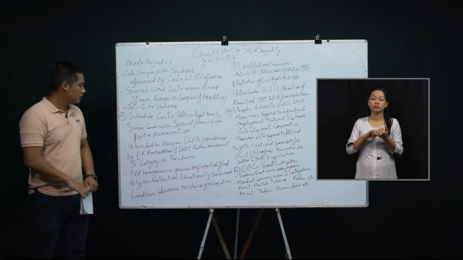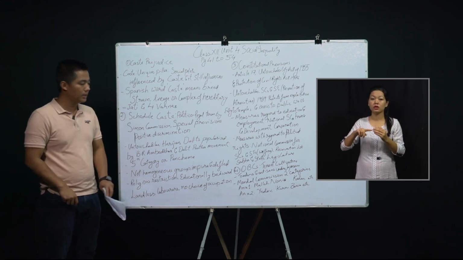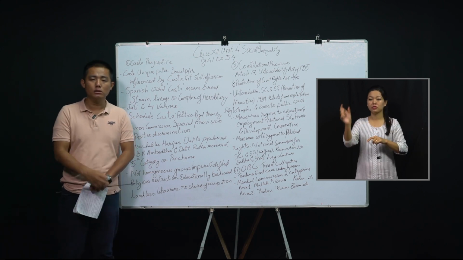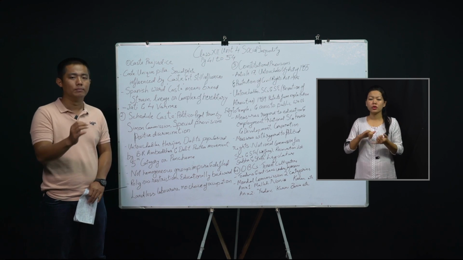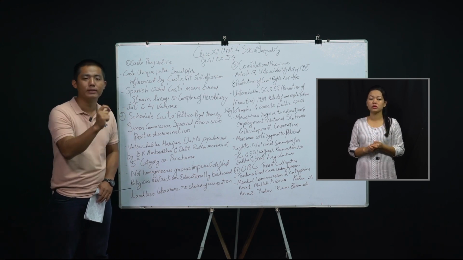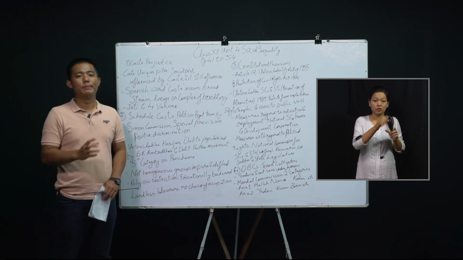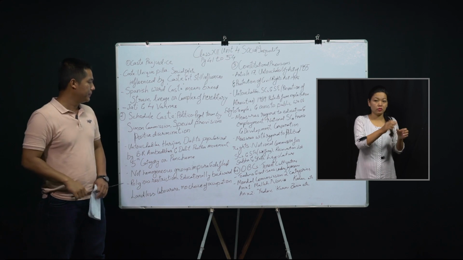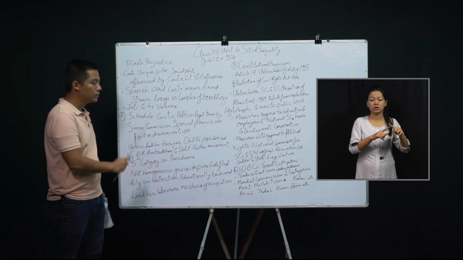Now there is another group of people who are called the scheduled caste. Scheduled caste is a political legal term, I repeat, a political legal term, used to refer to a group of people. This group of people was first termed by the Simon Commission.